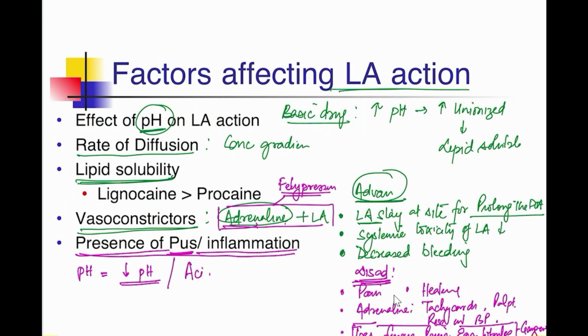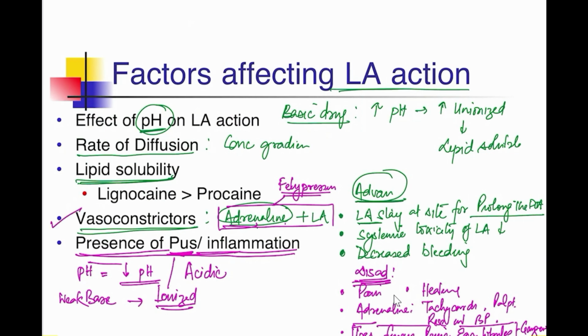Decreased pH, the medium will be acidic. Local anesthetic आपके क्या हैं? They are weak bases. Then बहुत ज़्यादा acidic हो गया, then what will happen? It will remain ionized. So the ionized fraction cannot cross. So the presence of pus and inflammation is going to decrease the action of this local anesthetic.